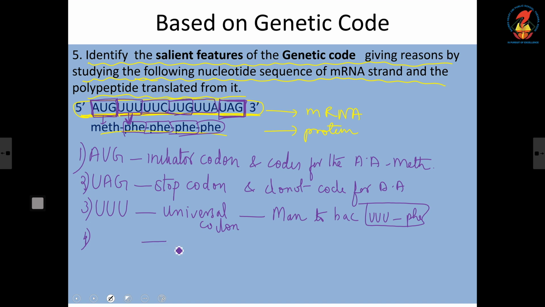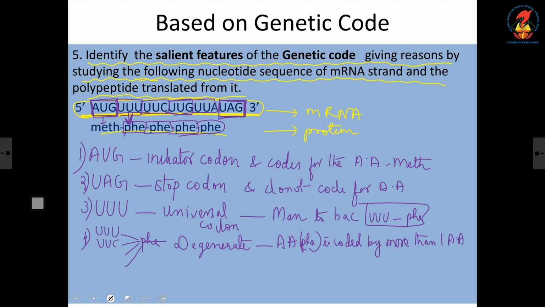So, this explains the feature called degenerate, which states that some amino acid, here the amino acid phenylalanine, is coded by more than one codon, that is UUU, UUC, UUG, UUA.